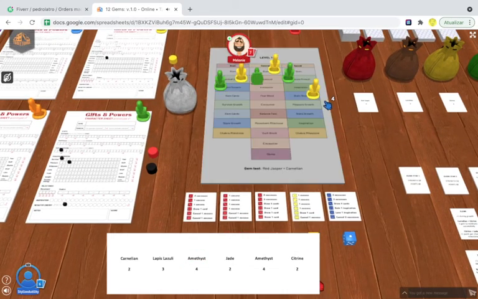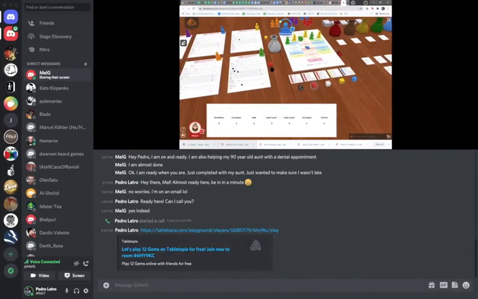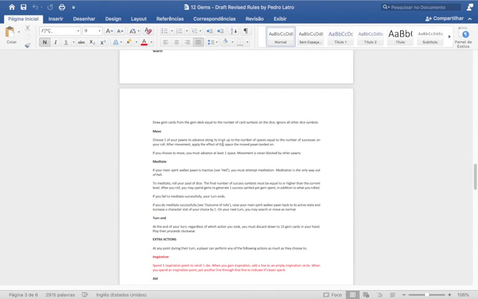Okay, yeah. And then we got draw one. Oh Lord. And I have to attempt meditation. I have to roll equal to or higher than the current level.